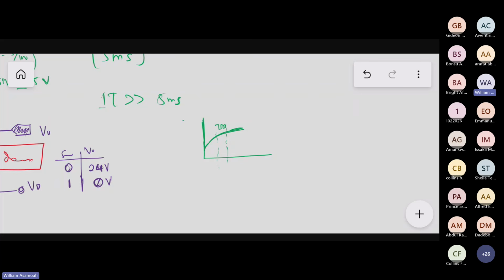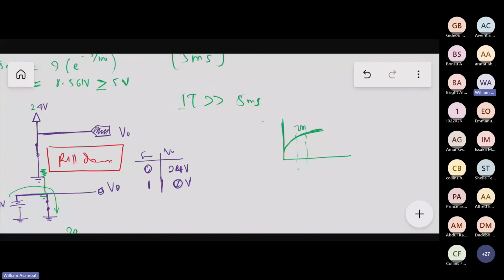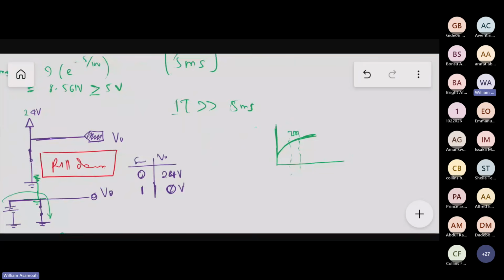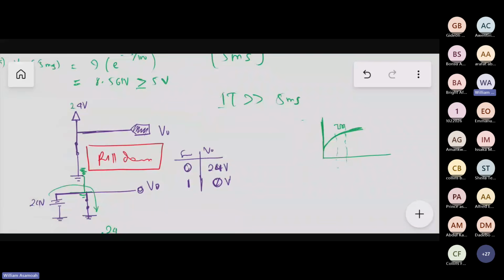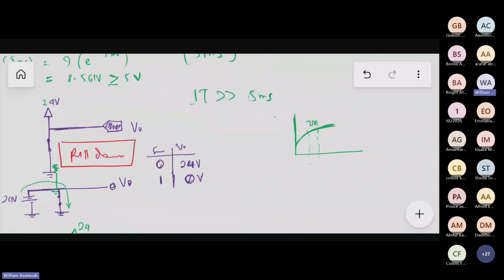It would also be bouncing. We want one time constant to be sufficiently large to take all of that bouncing. So you design the bounce capacitors in such a way that their time constants are sufficiently larger than the bounce duration. Please, do we understand?